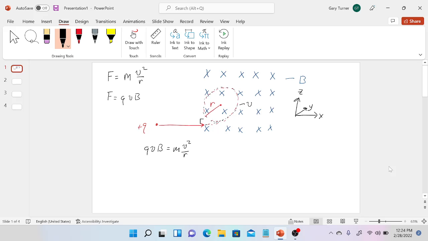And from this, there's a number of different ways we can view this equation, but one of the most important would be to solve for the radius. The speed is the same on both sides, so the v's cancel, and I'm left with mv over r. And then if I solve for r, I get mv over qB. And this is what's known as the cyclotron radius.